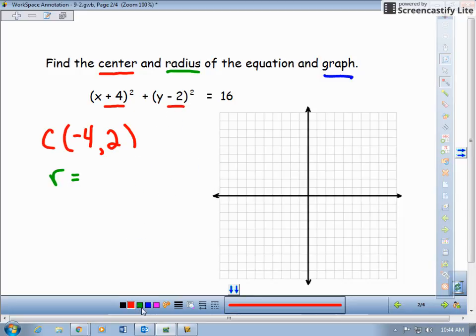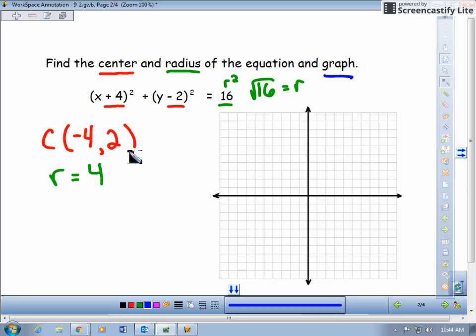And then my radius, guys, is this constant. But remember, in the formula, this is r squared. So if I want my r, I've got to take that 16 and take the square root to find my r. So the square root of 16 is 4. There's my center, there's my radius.